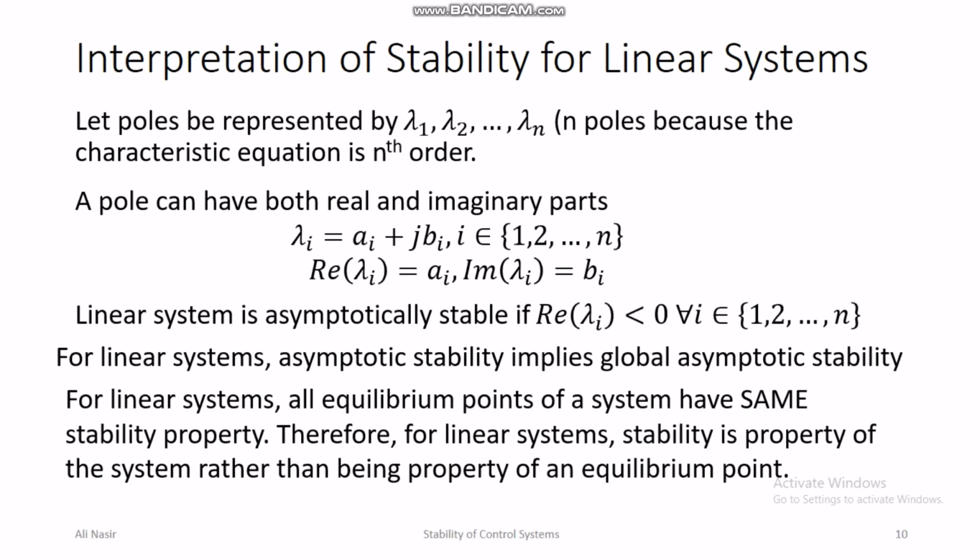But for a linear system, if one equilibrium point is asymptotically stable, then all of them are asymptotically stable. If one equilibrium point is unstable, then all of them are unstable. If one equilibrium point is simply stable, then all of them are simply stable. And usually it can also happen that a linear system has just one equilibrium point.